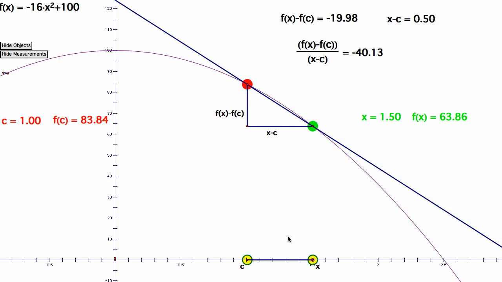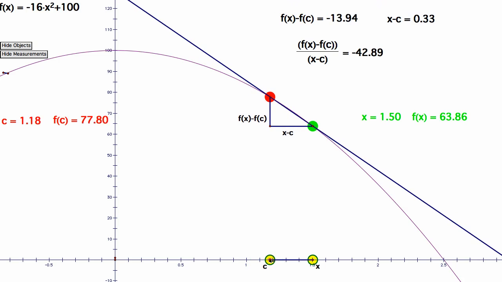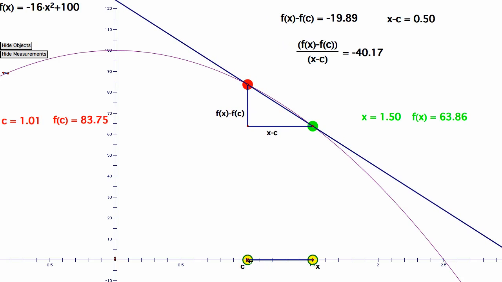Okay, so what I've done down here is I have these two yellow circles that I can put anywhere I want. I'm going to put the C value at 1 second. Okay, and we have some rounding error going on. If I actually plugged in 1 for my time value, I would get back 84 feet instead of 83.84 feet.